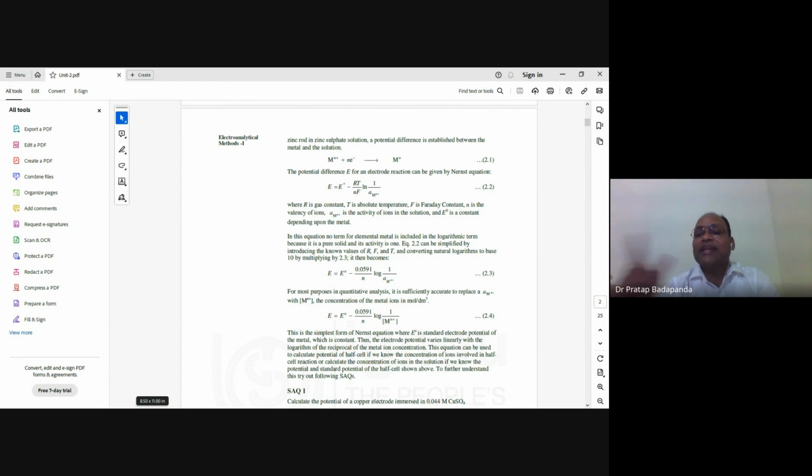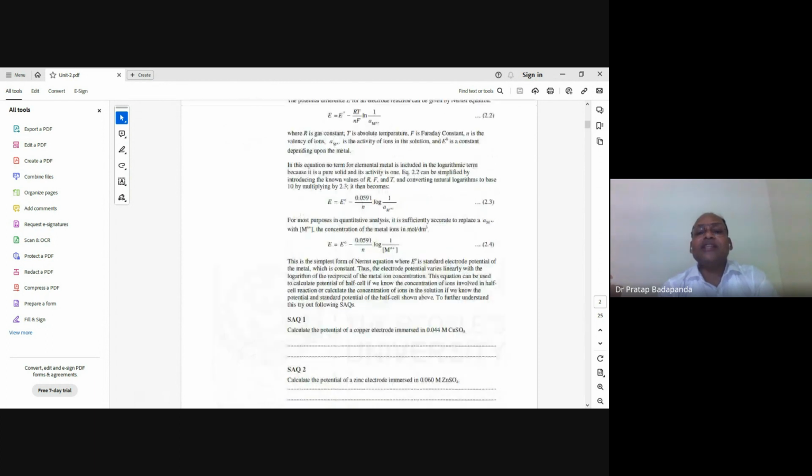So it undergoes reduction, and that will be the denominator part. That's why it is the Mn plus concentration. These are the facts.